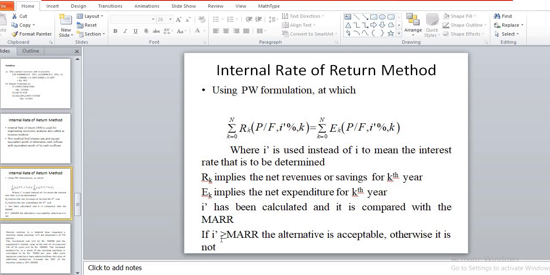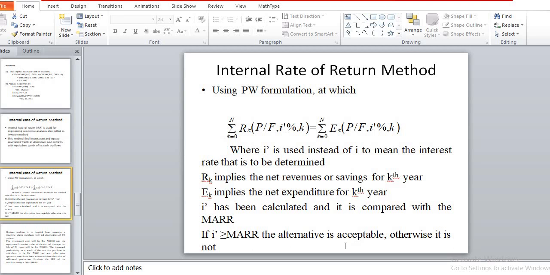If that I dash is greater than or equal to MERR, then the alternative is acceptable, that particular project is acceptable. Otherwise it is not acceptable. So we find a particular interest rate value at which the cash inflow and cash outflow are equal.